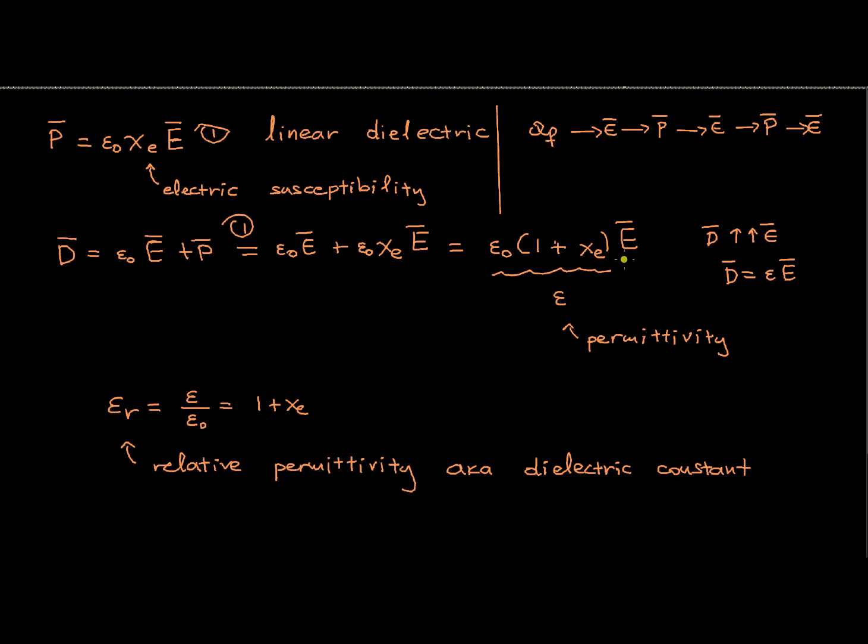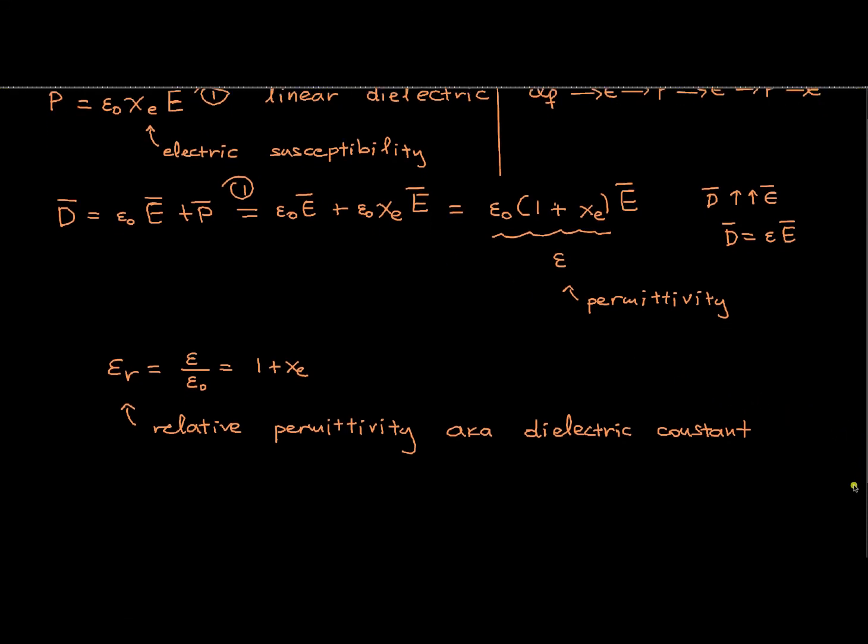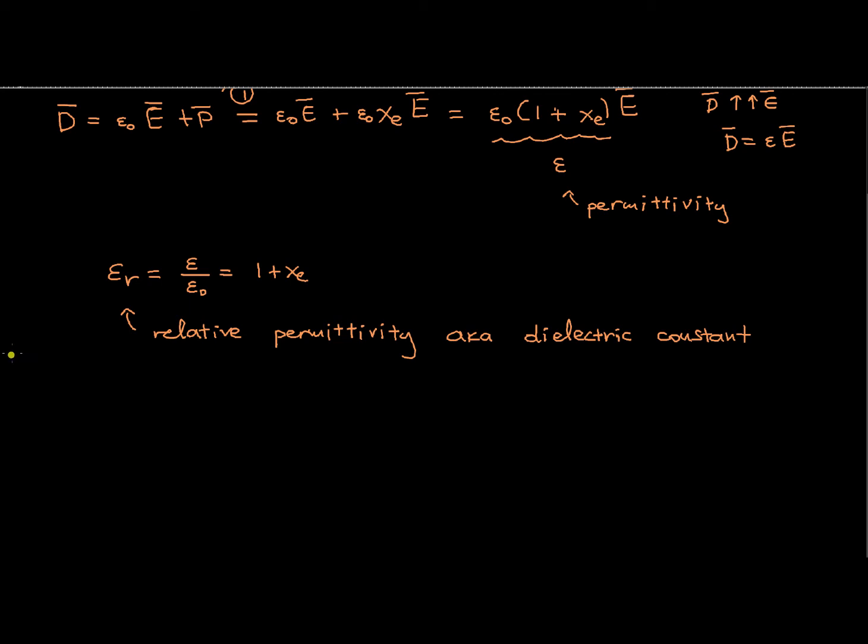If you place an instrument inside your insulator and you measure the delta V, and from that you get, say, the electric field, what you get from your measurements is E. So this relationship in linear dielectrics allows us to go from the charges that we control to the electric field that exists inside the insulator.